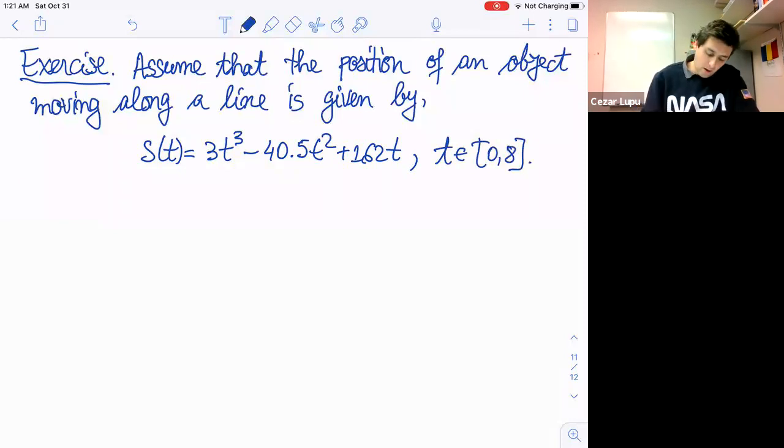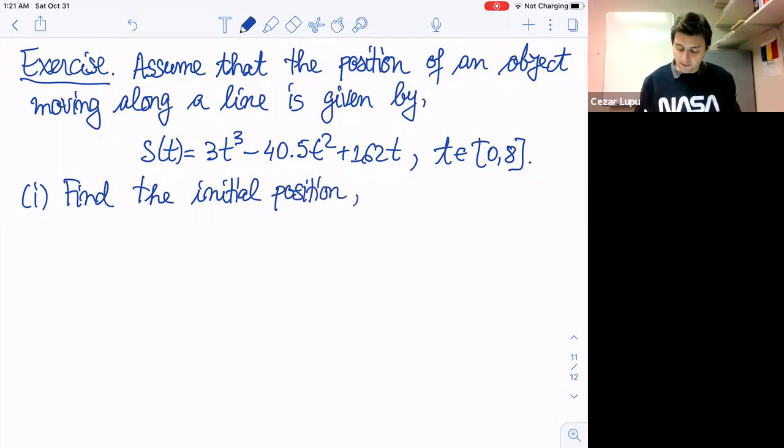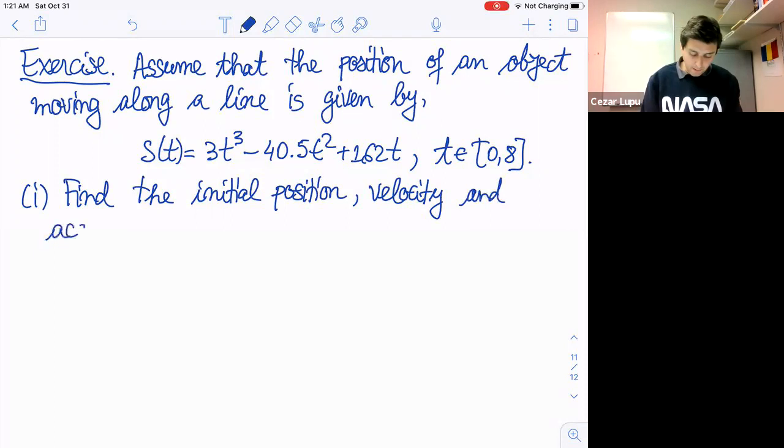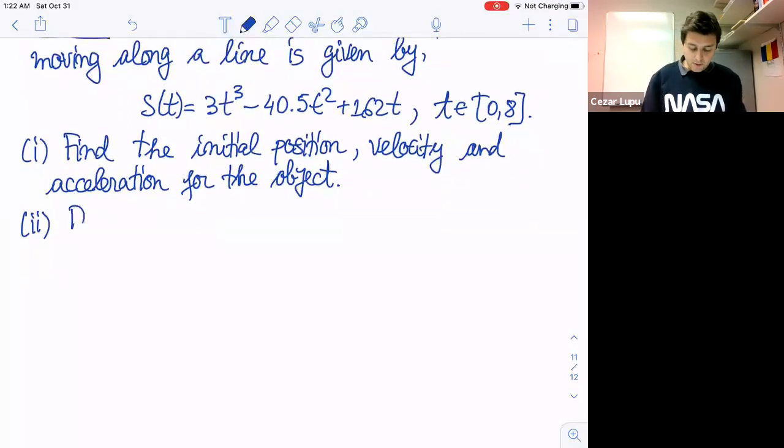And now we're asked the following. We want to find out the following. The first one, find the initial position, velocity, and acceleration for the object. The second one, discuss the motion.